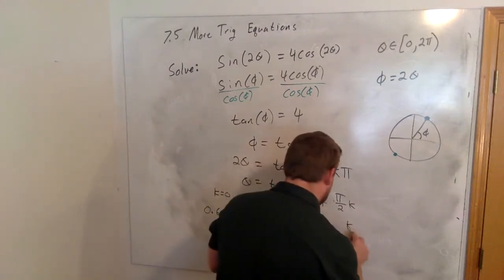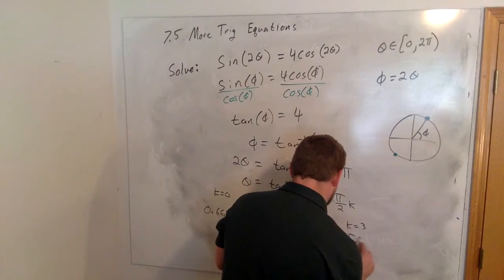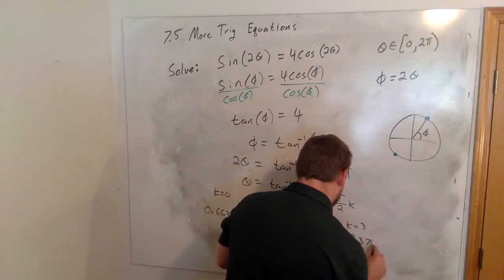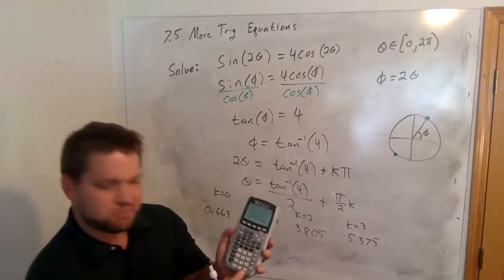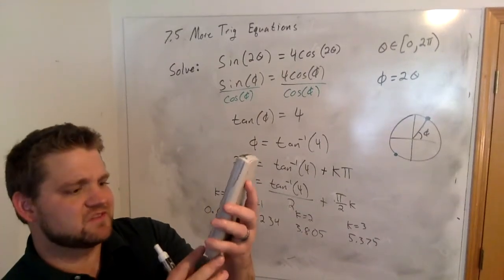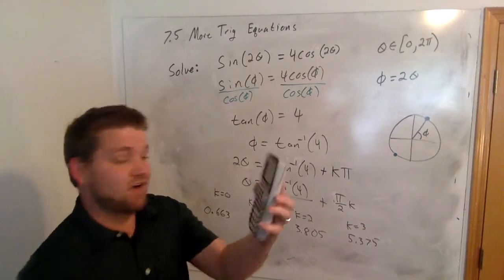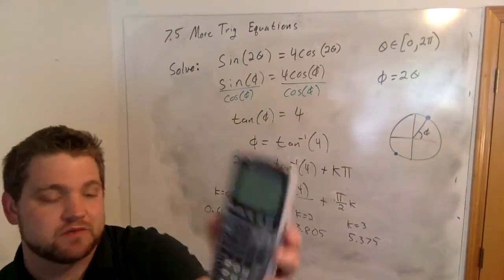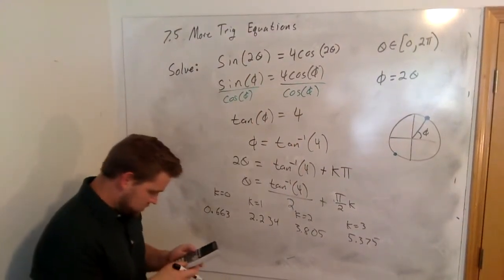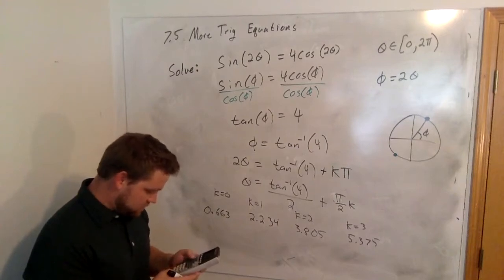So if k is equal to 3, we have 5.375. And you actually don't have to push the second answer button. You could just hit plus, and it's automatically going to pop up that answer button. So let's add another pi divided by 2.